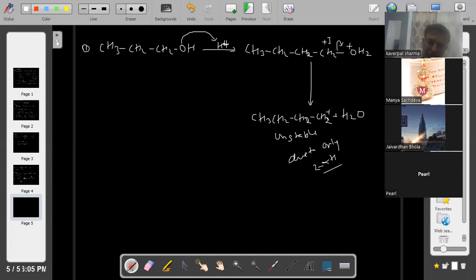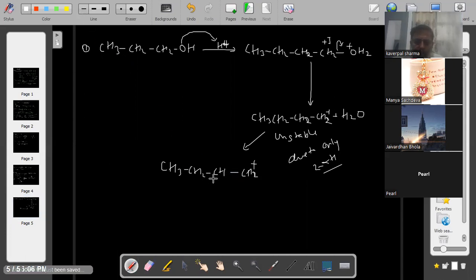So what happens in this case? I am going to write here CH3CH2CH2CH2+. Here, hydride shift.